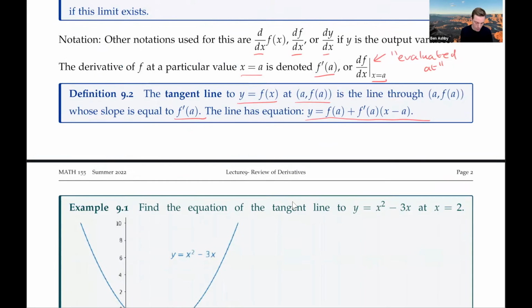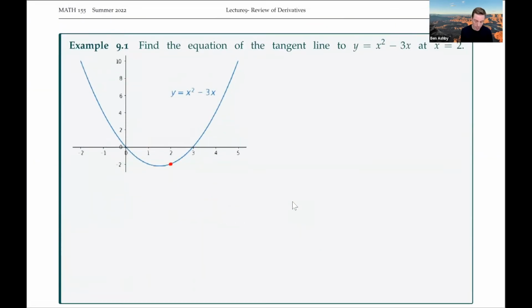Just to illustrate what's going on there, here we've got a quadratic curve, and we want to find the equation of the tangent line to y is equal to x squared minus 3x at x is equal to 2, where this red dot is. So the first thing we want to do is say, well, we've got our function f of x is equal to x squared minus 3x.